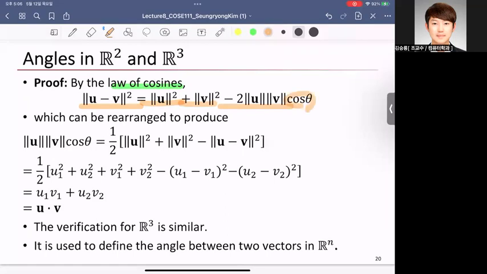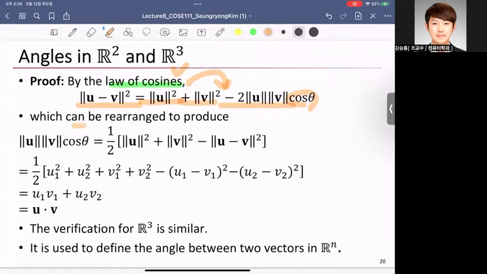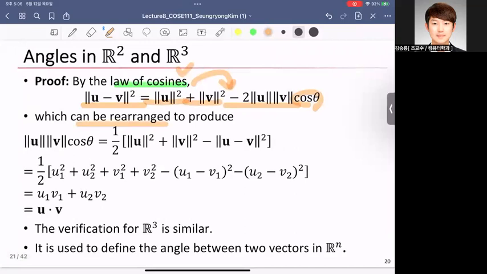Right? This is related to cosine similarity. If you are not familiar with cosine similarity, don't worry. So please check that this is the rule of cosines. From here, we can rearrange to produce inner product equals 1/2 times the terms from here, here, and here.